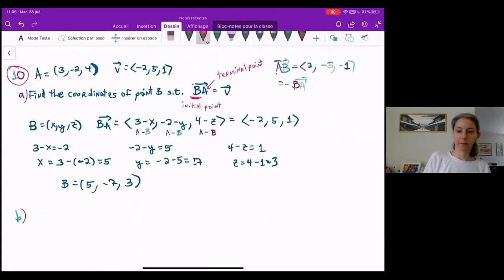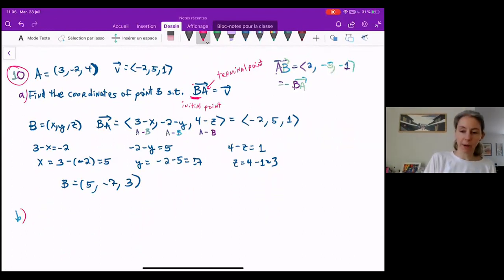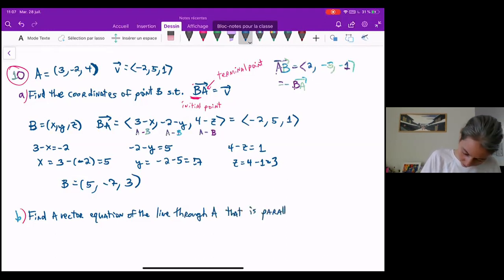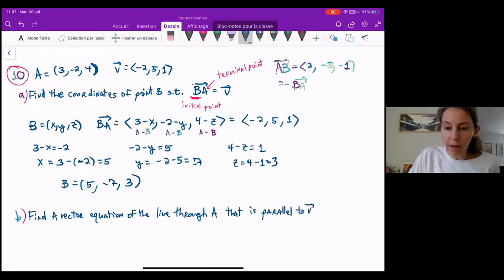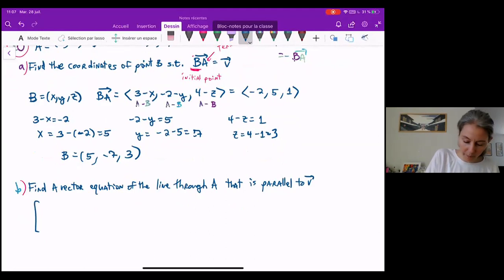Find a vector equation for the line through A that is parallel to V. So I know for my vector equation, I'm in R3, so I have x, y, z.